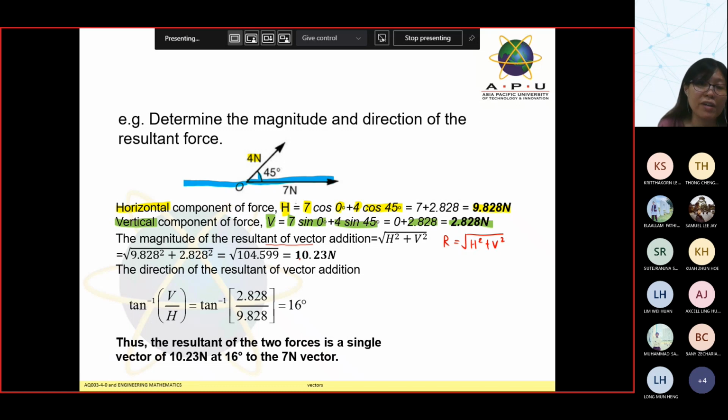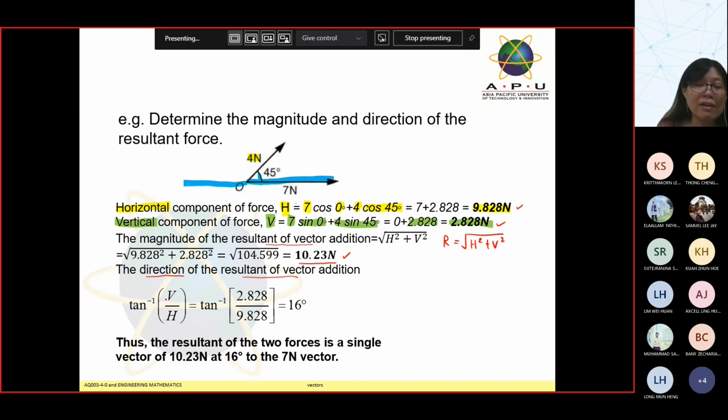When we say resultant of the vector, it means the addition of the vectors. So for the values that we got just now, we square them and take the sum, then get the square root. So we get 10.23 Newton. Then how about the direction? The direction of the resultant vector, because the vector must have the magnitude and the direction.